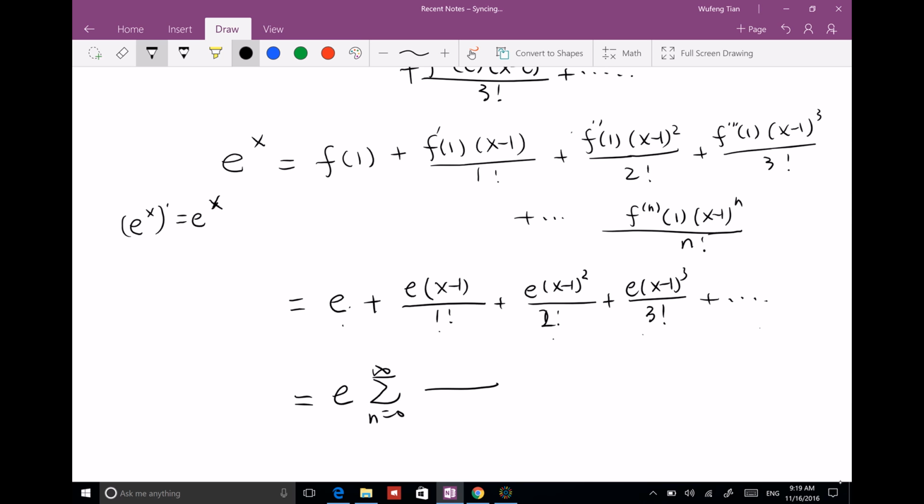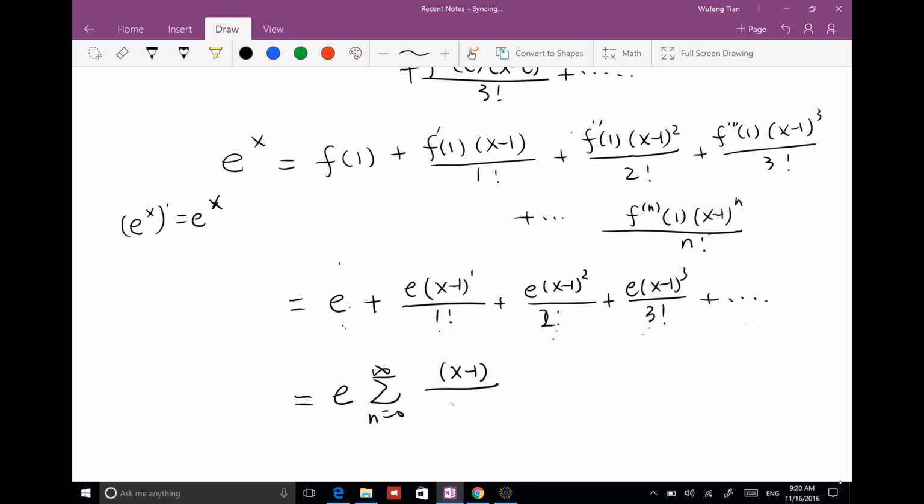This is 0, 1, 2, 3, 4, from 0 to infinity. So what do I put here? (x minus 1) on top. This is the 0 power, first power, second power. So this is the first term, 0.